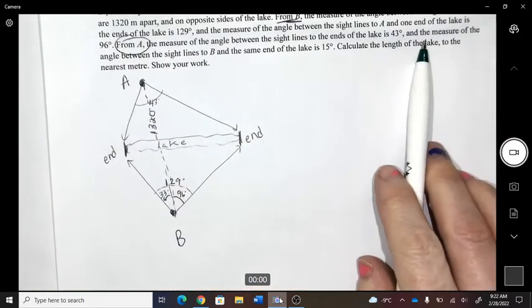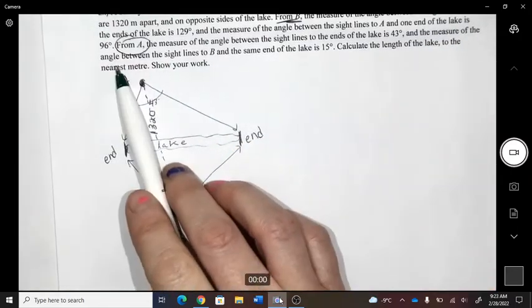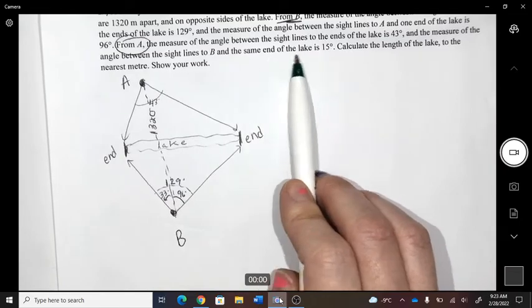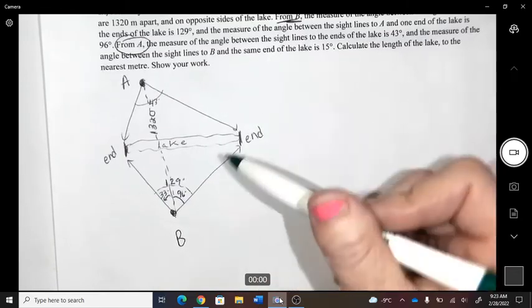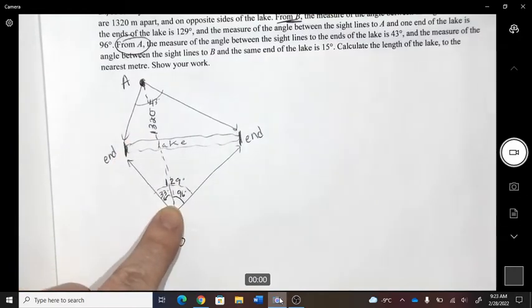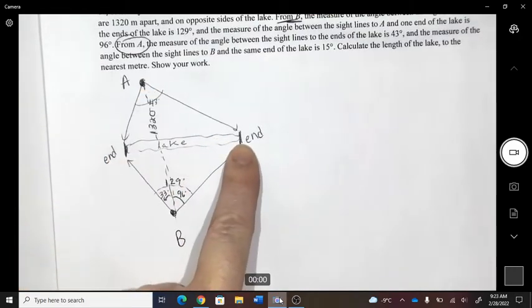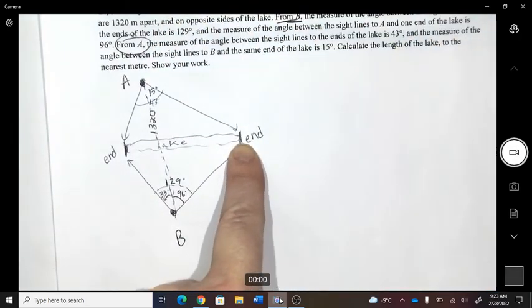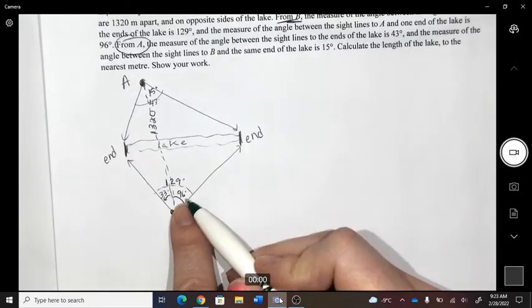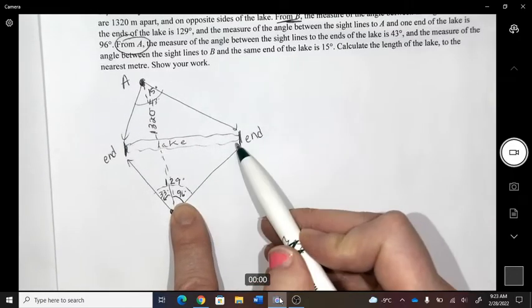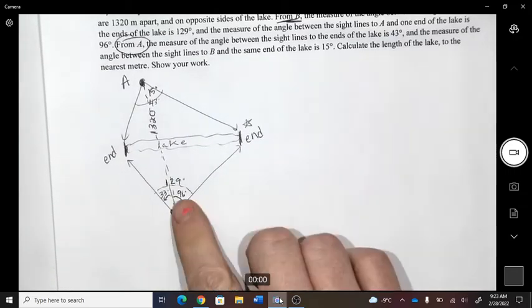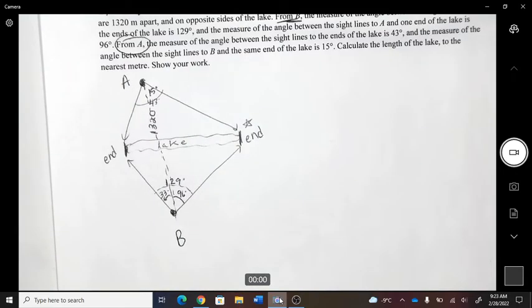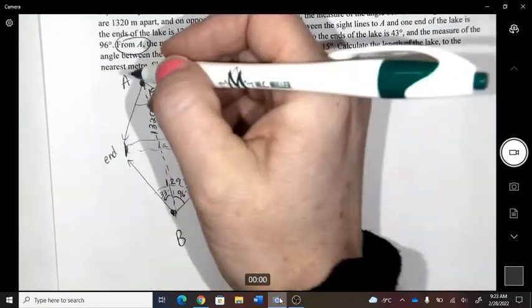And the last direction, the measure of the angle between the sight line to B and the same end of the lake is 15 degrees. So from A, if you go to B and the same end, you have a 15-degree angle. Okay, because before when we talked about the one end, we picked that end. Okay, so if that's 15, that is 28.